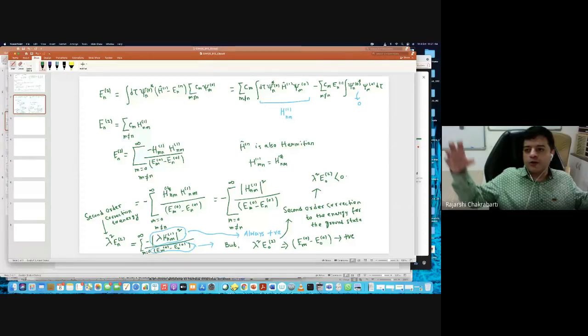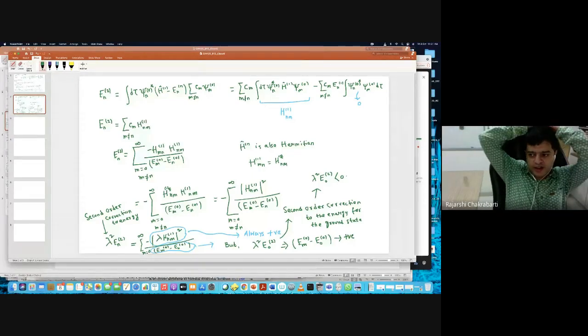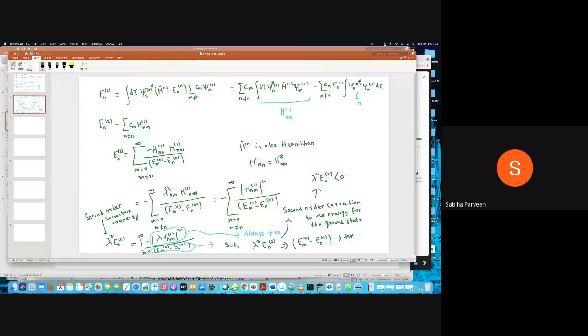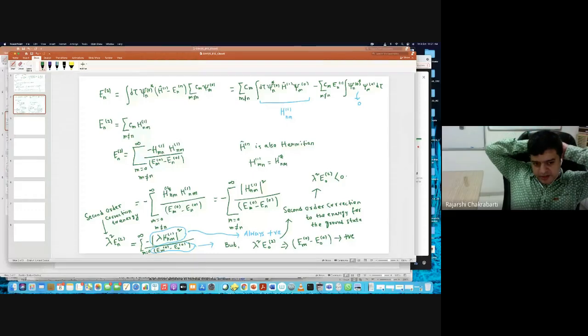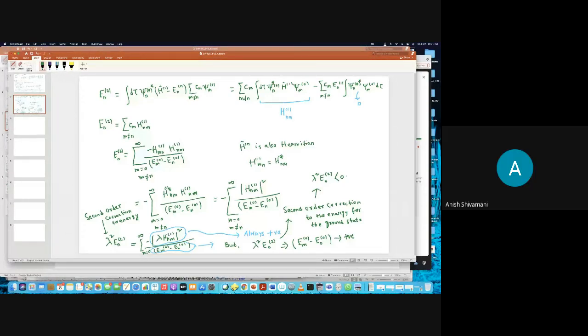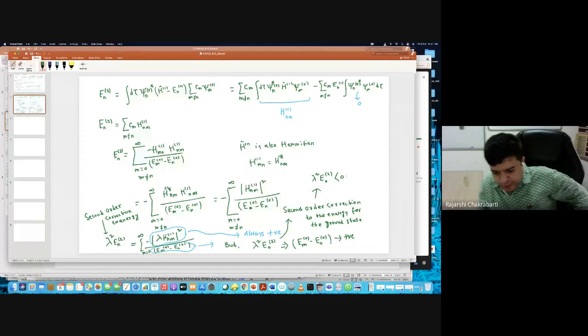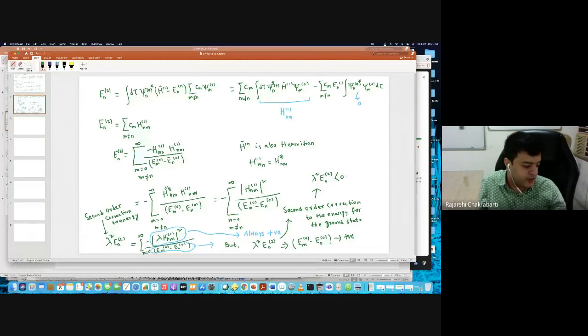When you talk about two molecules or two atoms interacting, there is something called van der Waals interaction. How many of you know it? What is the functional form? It is attractive. If you take the Lennard-Jones potential, it has one attractive term and one repulsive term.